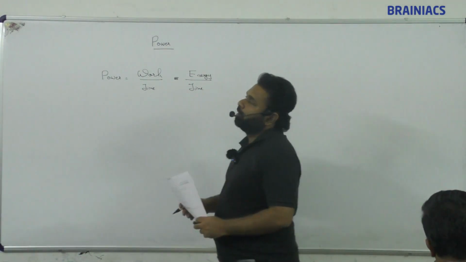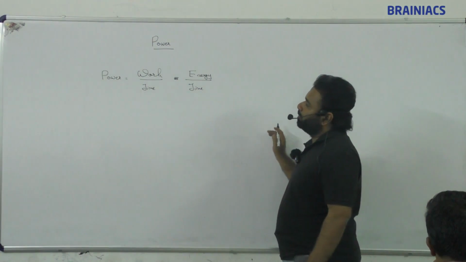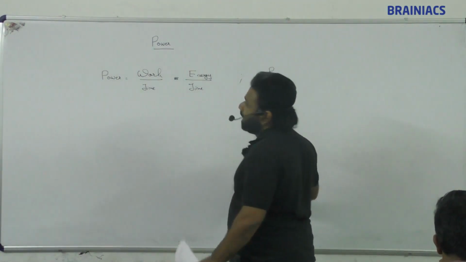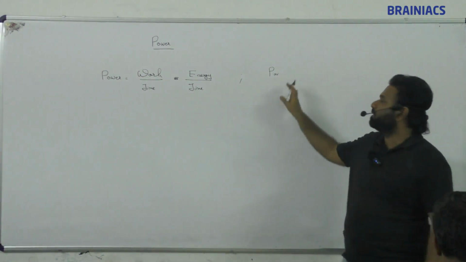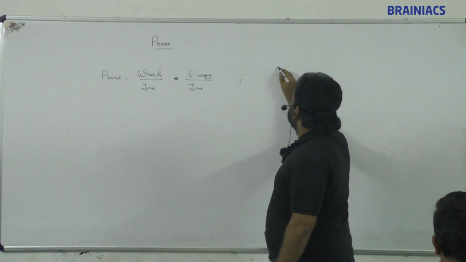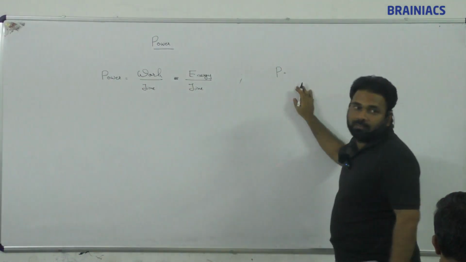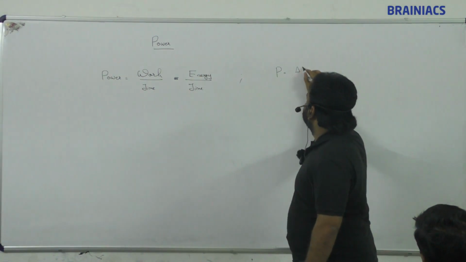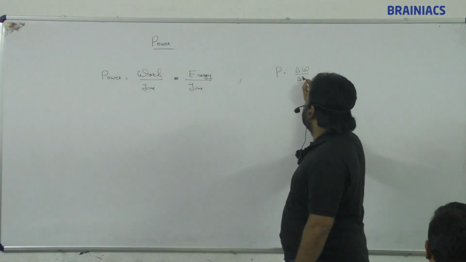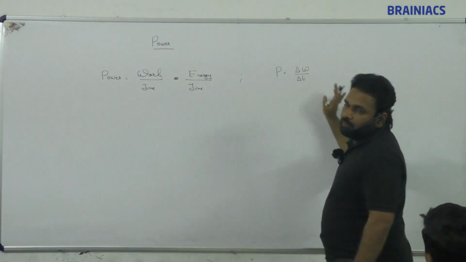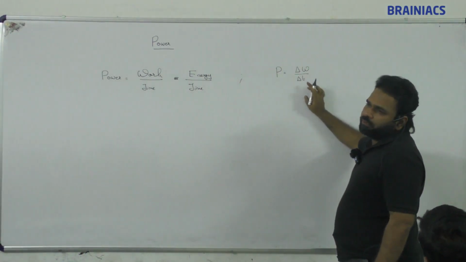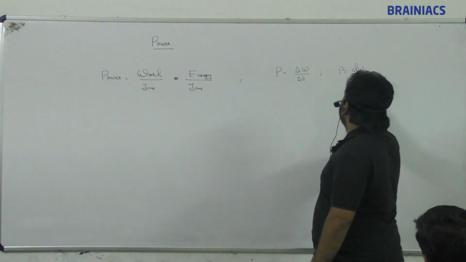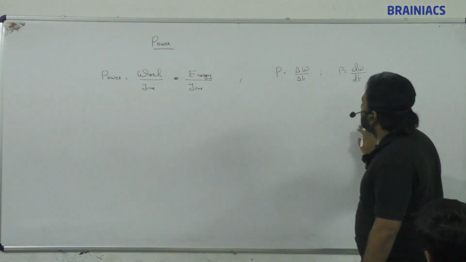Suppose if we consider a small amount of work that is happening for a duration of time, delta W by delta T. If this time duration is very small, what do we do? P is equal to dW by dt.